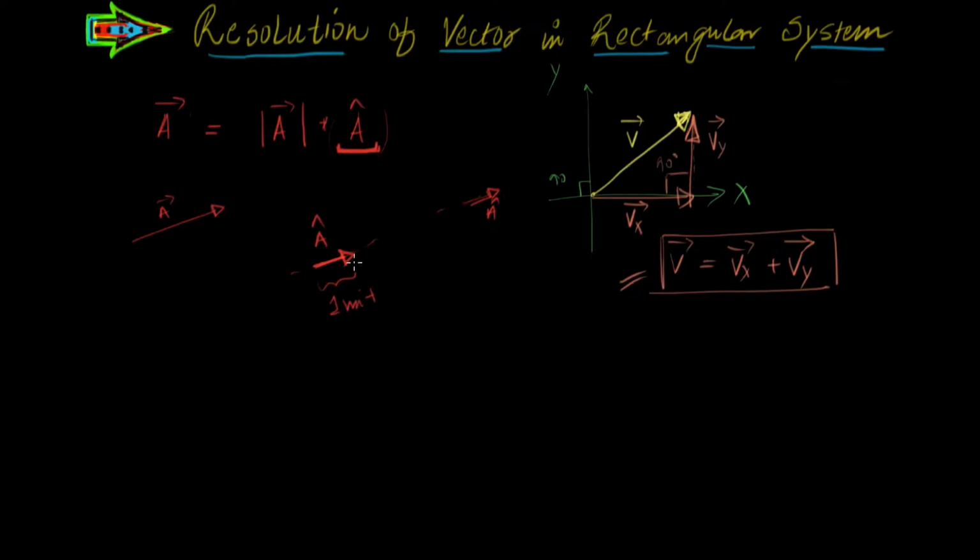This is A cap and points in the same direction as A, so it's parallel to this line there. And we must multiply this by a scalar, and the modulus of A is a scalar. If that's a scalar, we're essentially changing the length of our unit vector. We modify it so that it makes a total of modulus of A length.